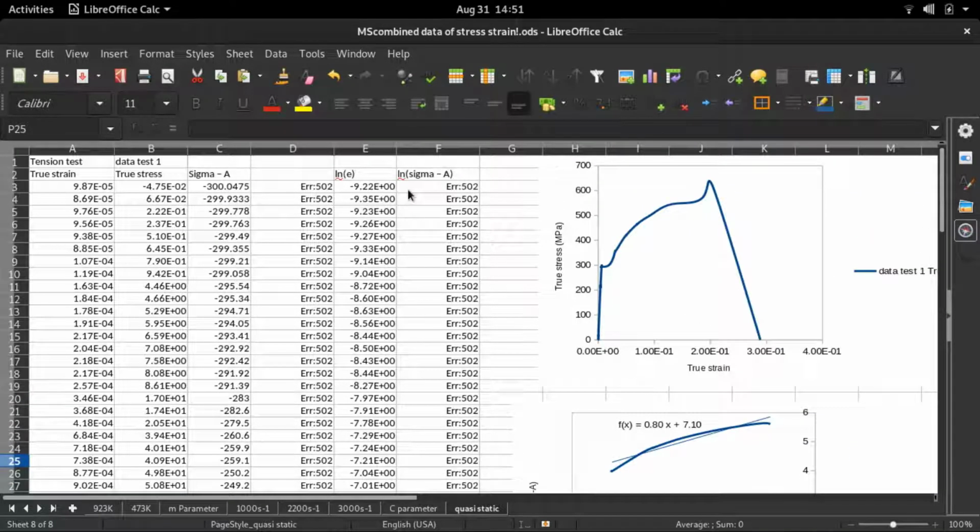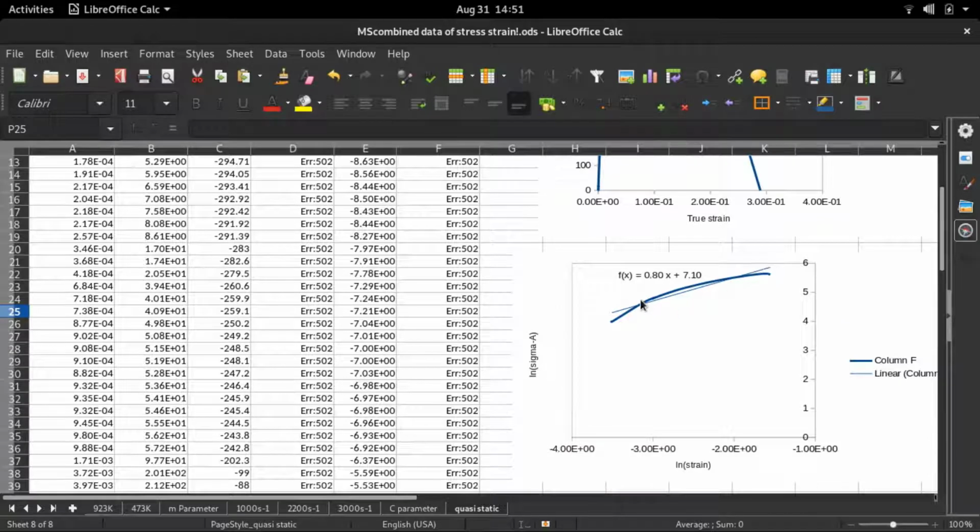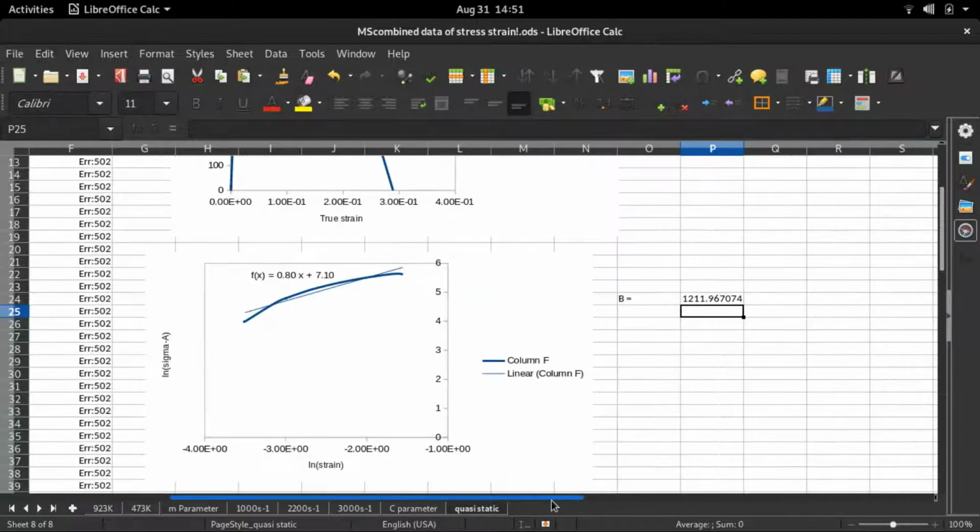For that you take ln on both sides: ln of strain and ln of stress minus A. Then you make the graph like that and set the trend line, and this equals n times ln of strain. So this value gives ln b, and n is the strain hardening coefficient. From ln b you can find the b value, the strain hardening constant.